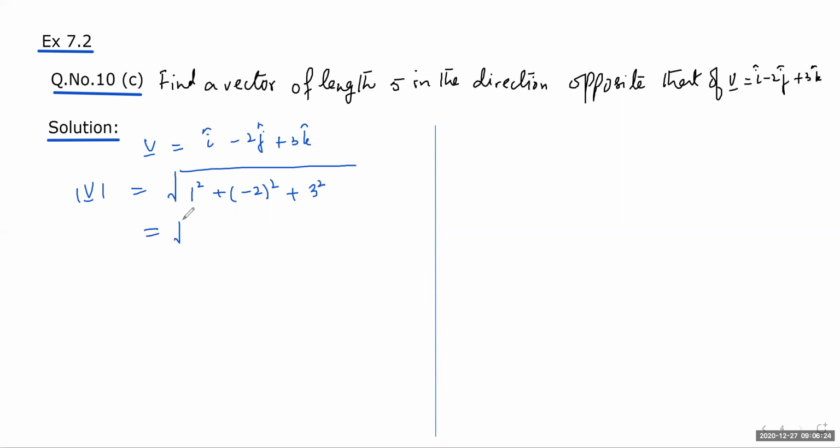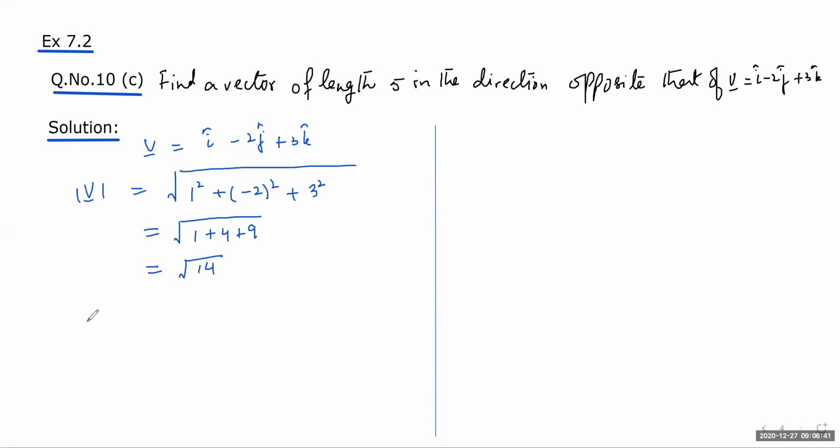So it becomes 1 plus 4 plus 9. 9 plus 1 is 10 and 10 plus 4 is 14. Hence, the magnitude of this vector becomes square root of 14.